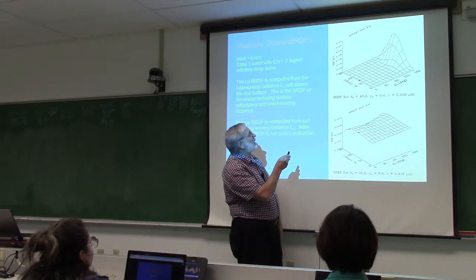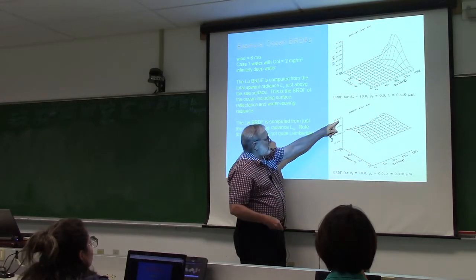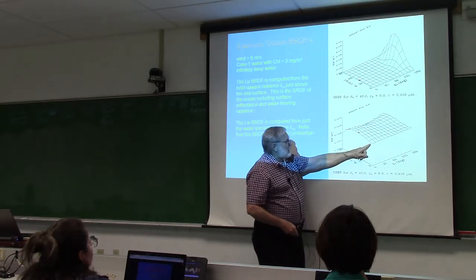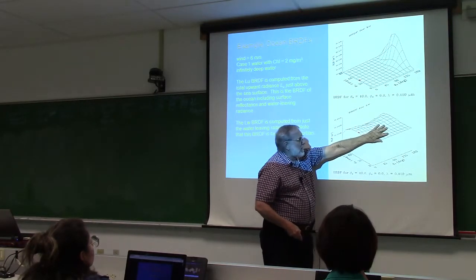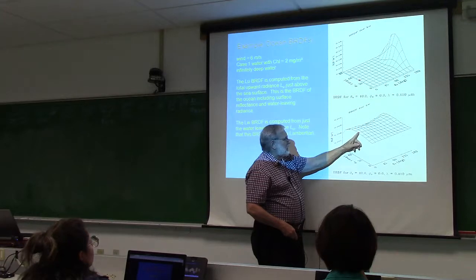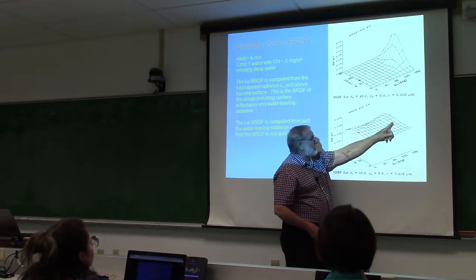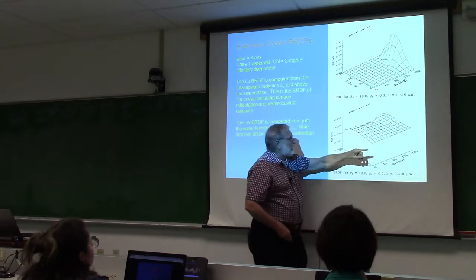This is up to 0.14 per steradian, this is 0.004. So you don't see a glitter pattern here. You just see where the sun was, and here's the specular direction over here.